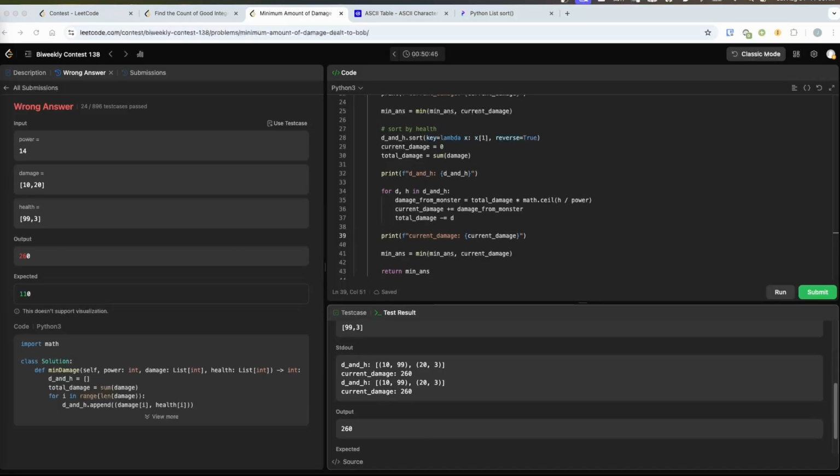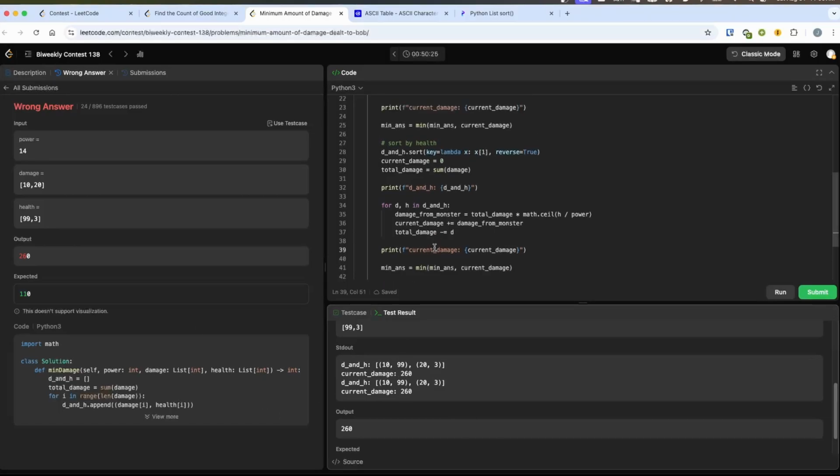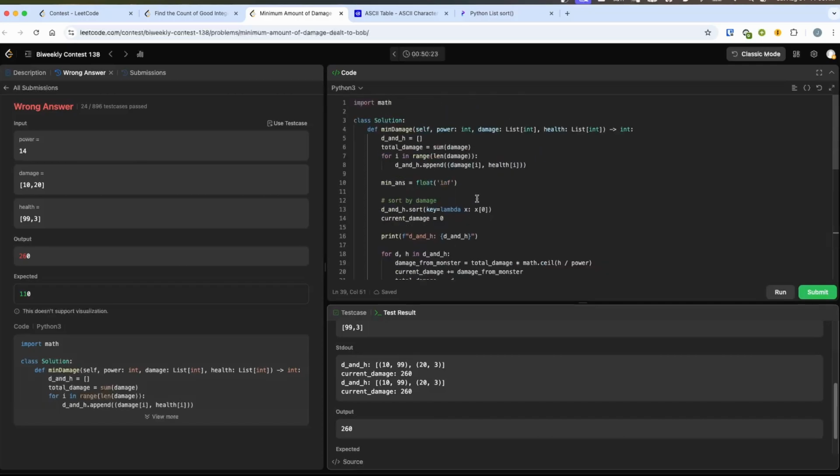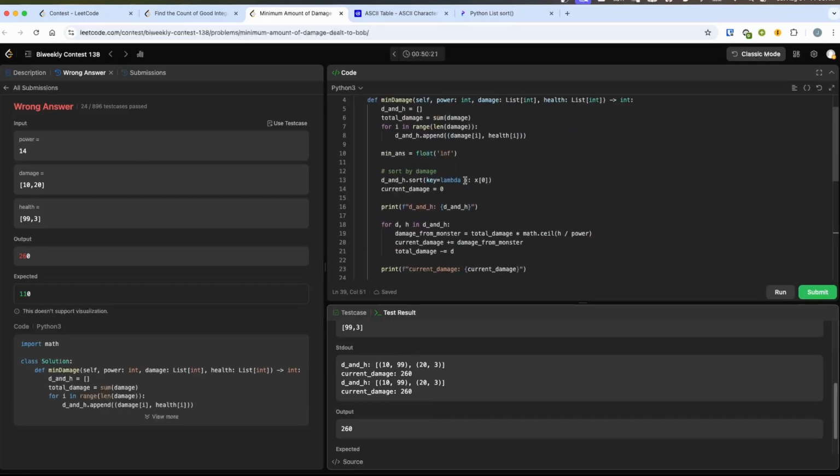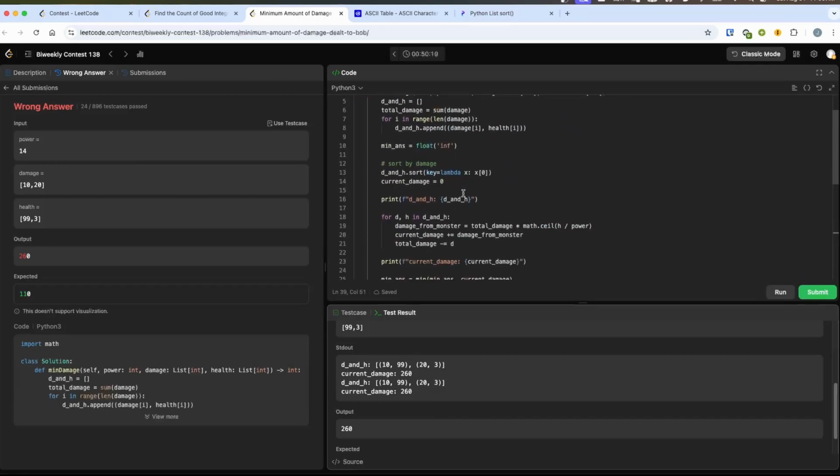So then we want to do plus 80. So yeah, that makes sense. So we want to do all 4 options. So 4 for loops.